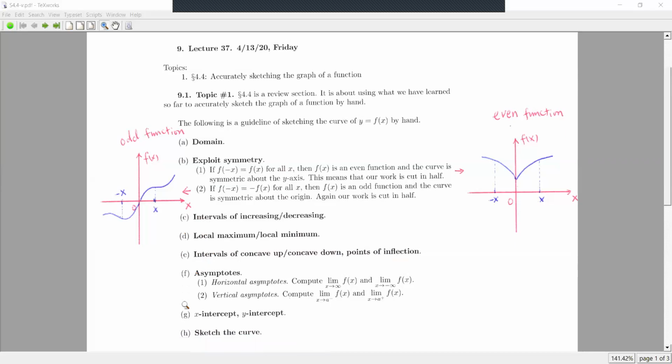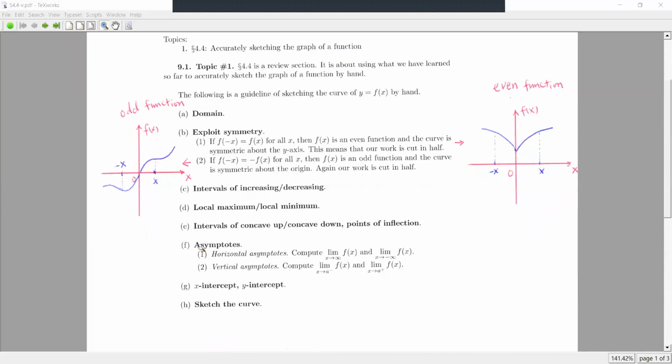Step number 6, find asymptotes. To find horizontal asymptotes, compute limits at infinity. For example, if x approaches positive infinity, the function approaches some finite number, then that number is a horizontal asymptote.